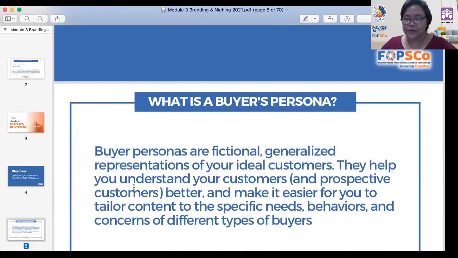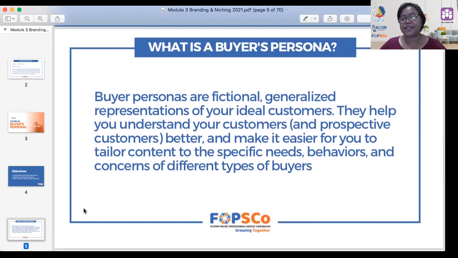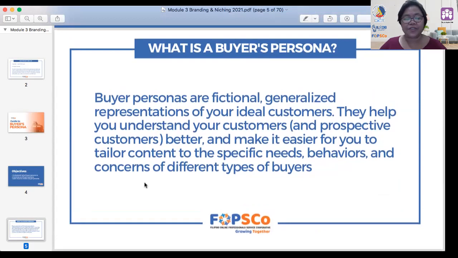For those who do not know, what is a buyer's persona? Buyer's personas are fictional, generalized representations of your ideal customers. They help you understand your customers and prospective customers better and make it easier for you to tailor content to the specific needs, behaviors, and concerns of different types of buyers.